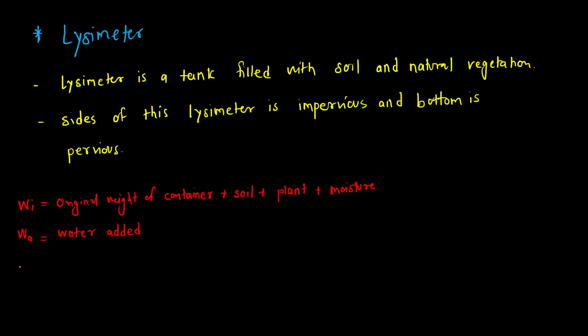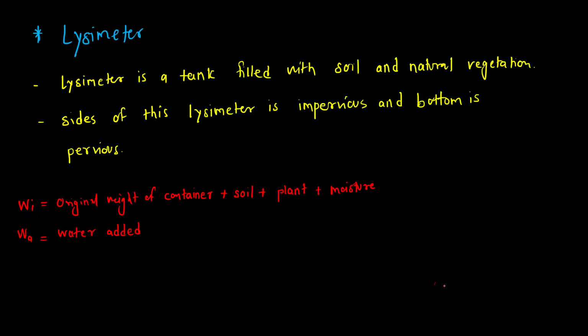Now what happens during evapotranspiration is that the plant's roots take up water and use it for growth, and certain water is lost by evaporation. So out of the water which is added, a certain amount is lost and the remaining water comes down and gets collected at the bottom.